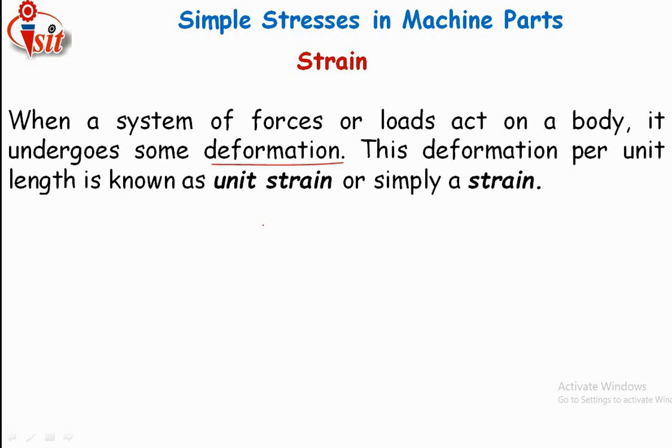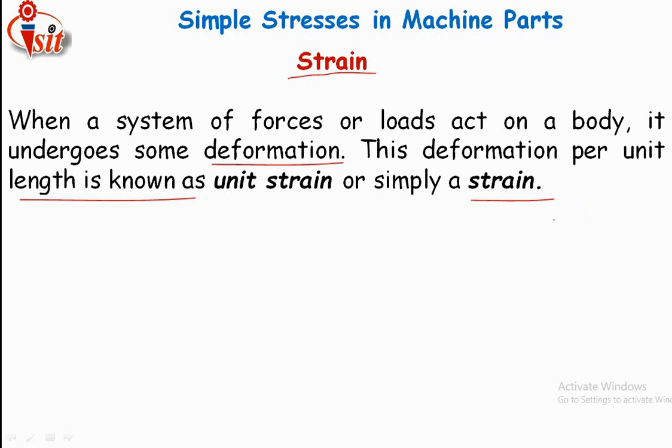As we have seen, when we apply the force, there is induction of the stress, but at the same time, when we apply some load or a force on a body, the body undergoes deformation. That means its dimensions get changed. That is known as the concept of strain. This deformation per unit length is known as simply strain.